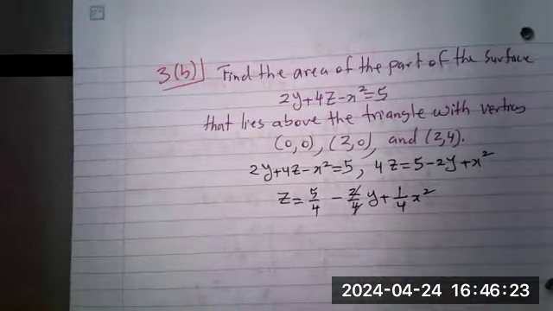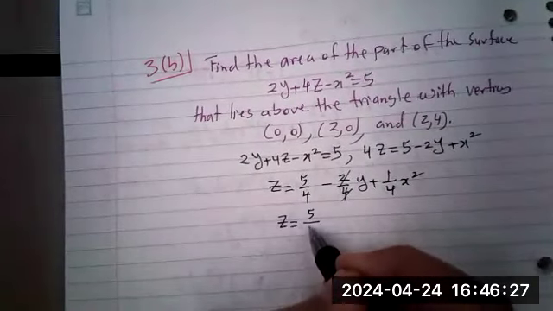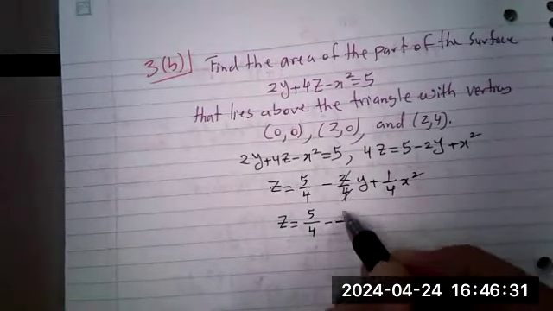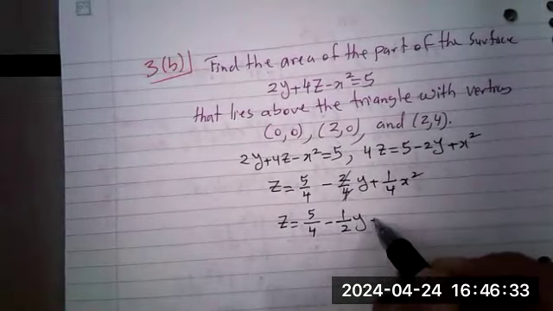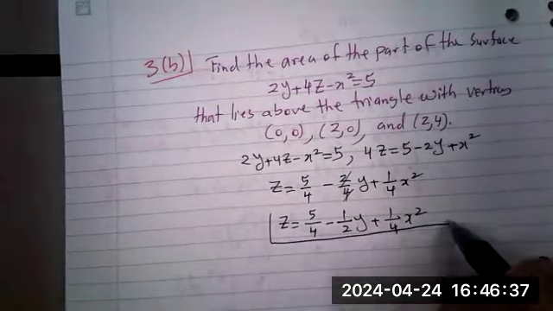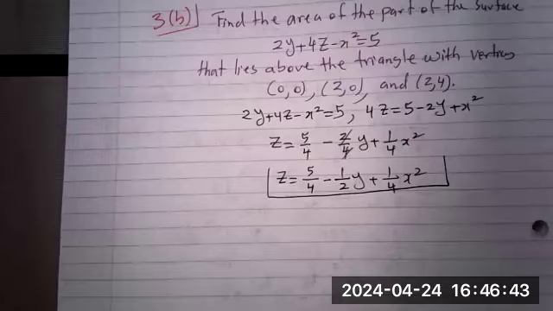You simplify these two. So you are going to deal with the surface of this. So it's going to be 1/2 of y plus a quarter of x squared. You see, this is your function. You have to find the partial of this. Okay, so this is going to be your f of x, y.